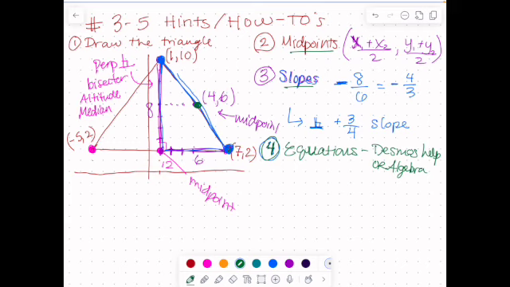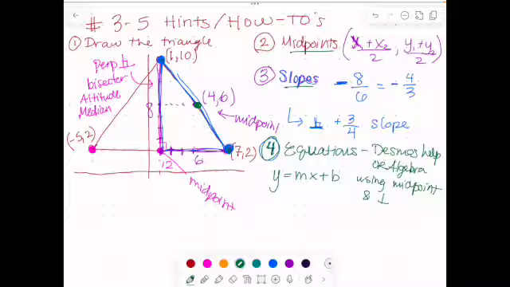So we have the midpoint already. What we're going to do is we're going to put all the information that we need into y equals mx plus b. So we're going to use the midpoint and the perpendicular slope.